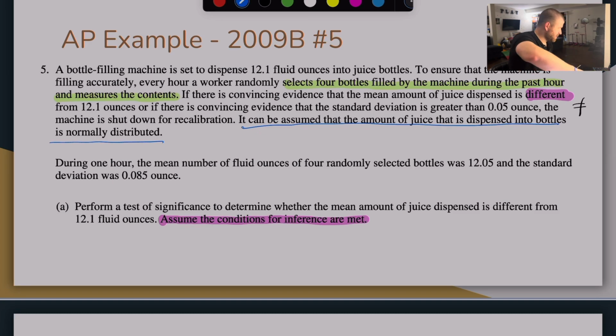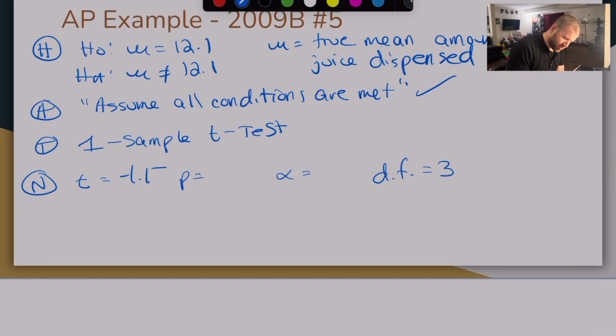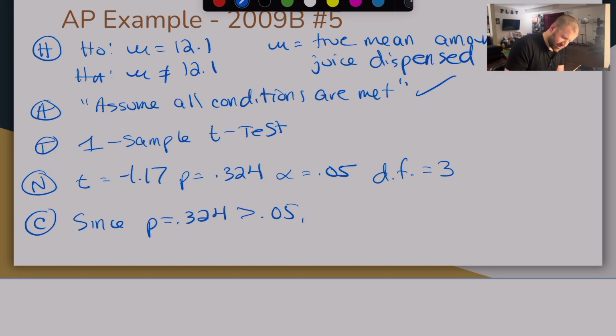There we go. So what happens here, I get, not so surprisingly, a t-value of negative 1.17, a p-value of 0.324, and let's just pick a significance level here of 0.05. For my conclusion, since my p-value is greater than my significance level, I do not reject my null hypothesis.